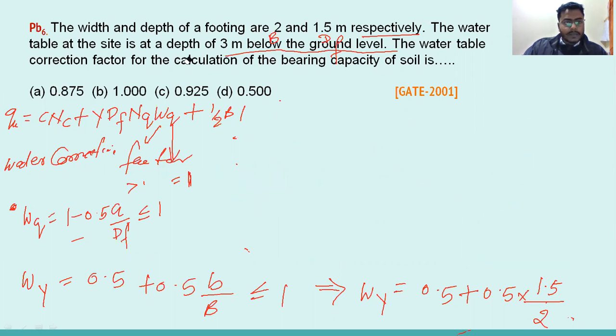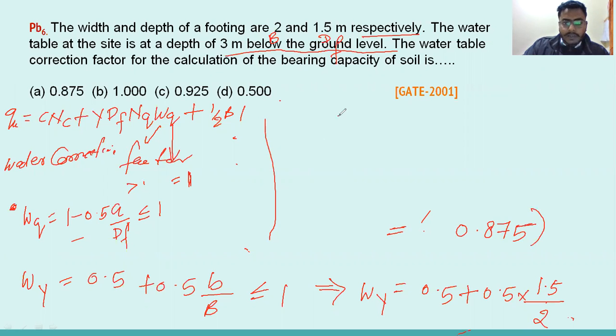I'm solving the GATE previous year question, so better you use a virtual calculator. So you will get some practice, and in the exam you will be friendly with the virtual calculator. By solving, you will get the value of 0.875.